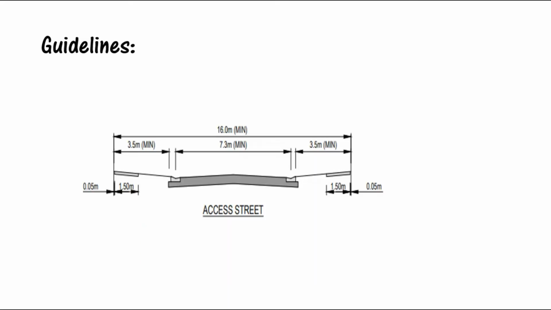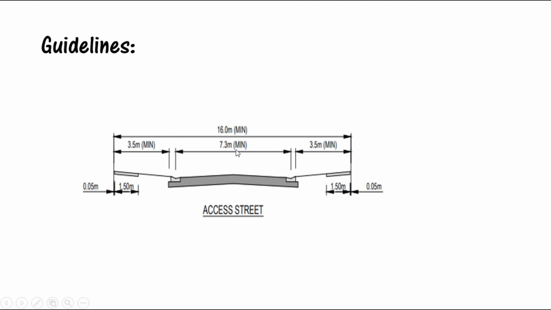So these are the small issues the community is facing. Based on the guideline, again the guideline is from an Australian road research point of view, for an access street the minimum width from the inward of a lip to the inward of a lip is 7.3 meter minimum required.